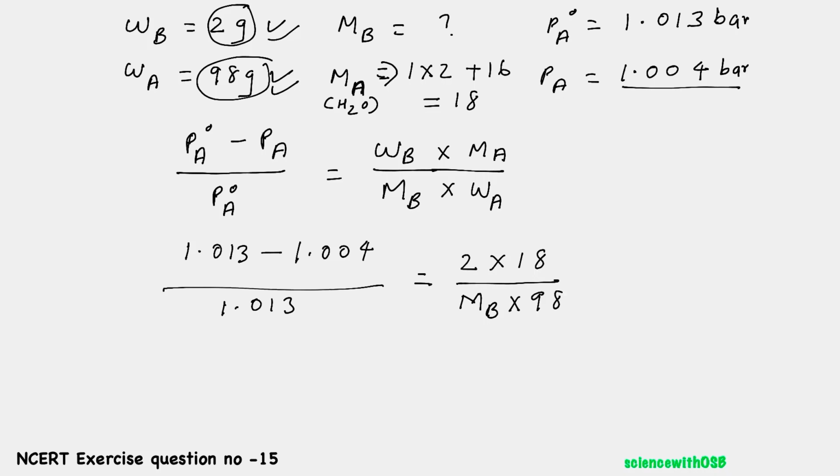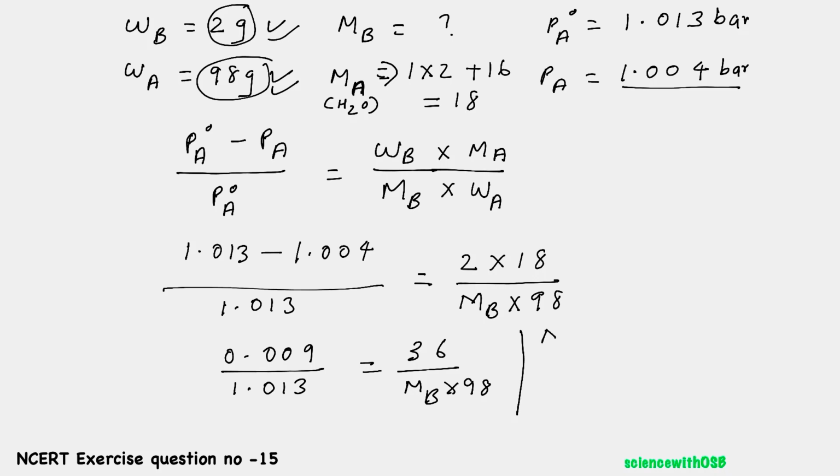Now see, you can cross multiply, rearrange it and find the final answer. On calculating, you will get 0.009 by 1.013 is equal to 36 by MB into 98. Okay, so what is MB?